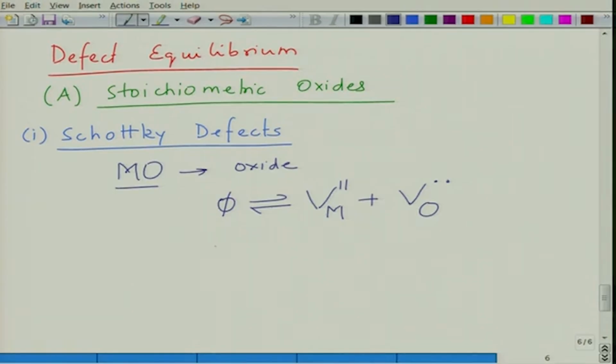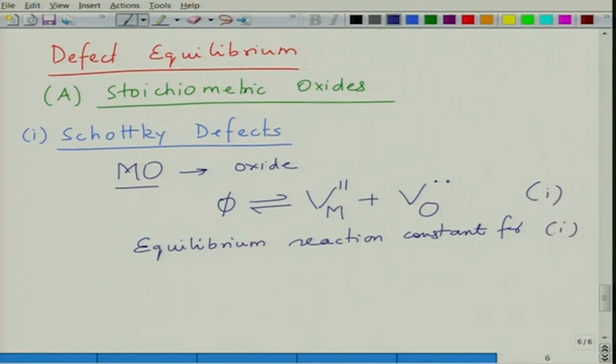So, we can write an equilibrium constant. The equilibrium reaction constant for this, let us say this is reaction 1, would be Ks is equal to [Vm] multiplied by [Vo].